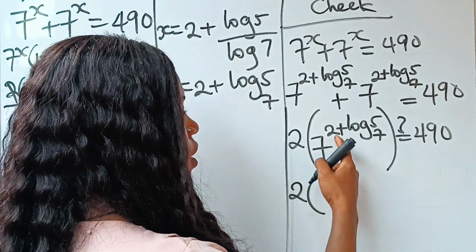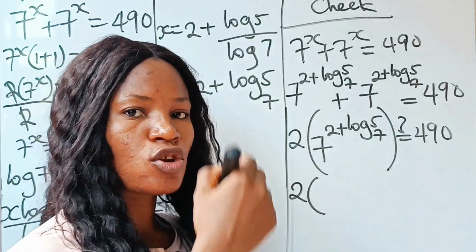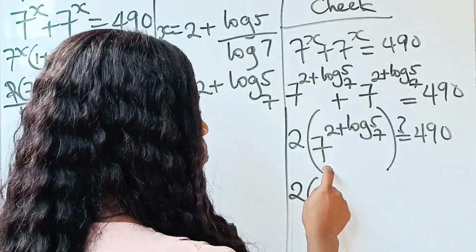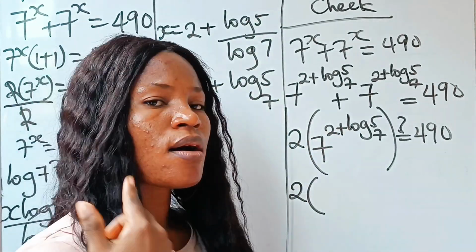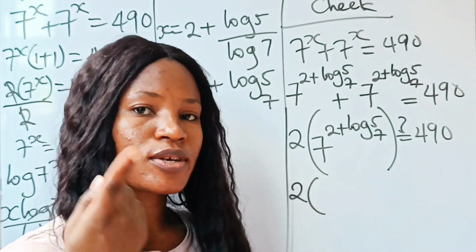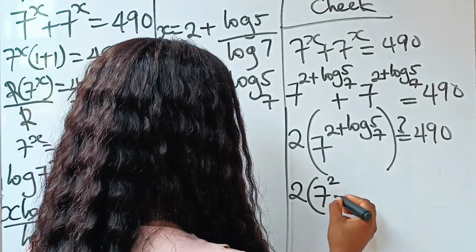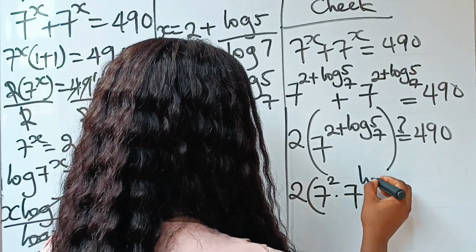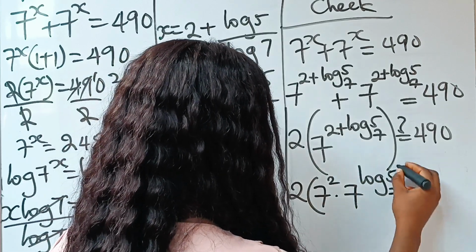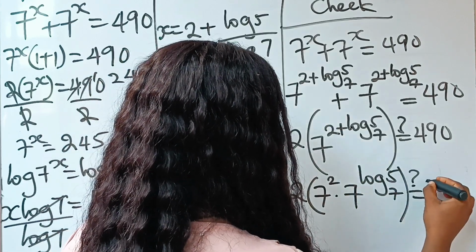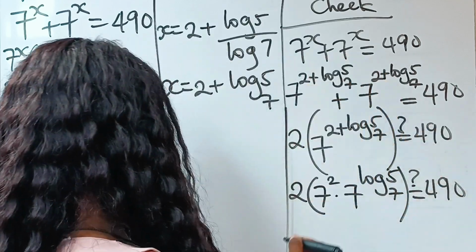Recall that when you have a plus b as your power, it is the same thing as the base raised to the first power multiplied by the base raised to the second power. I've already explained that before. So this is the same thing as 7 to the power of 2 multiplied by 7 to the power of log 5 base 7 is equal to 490.